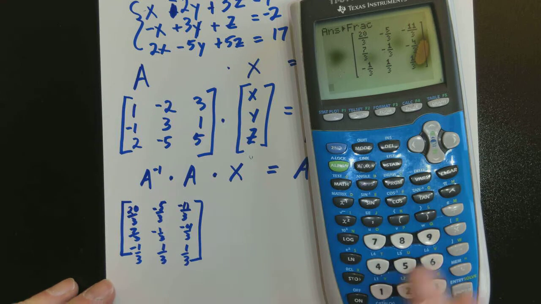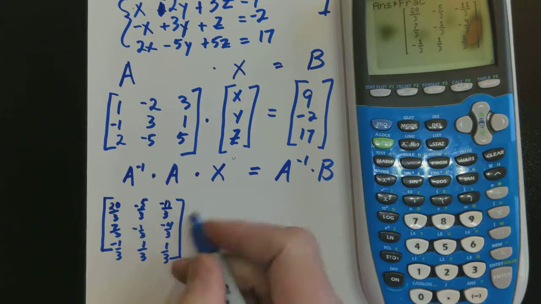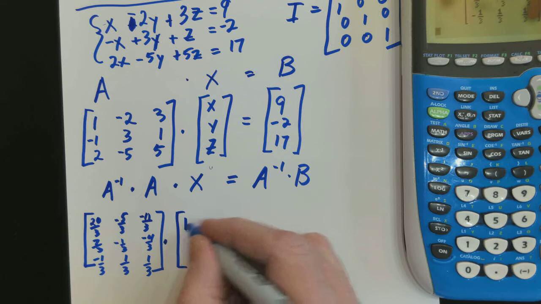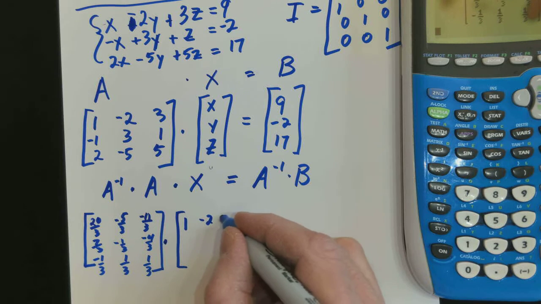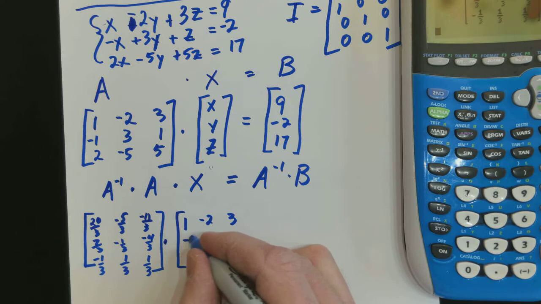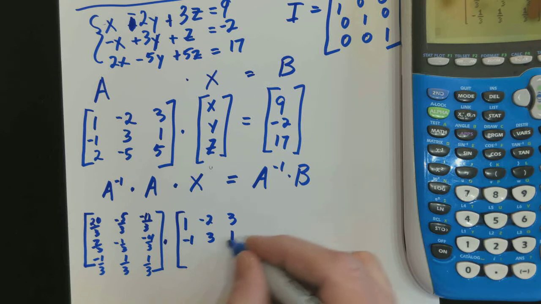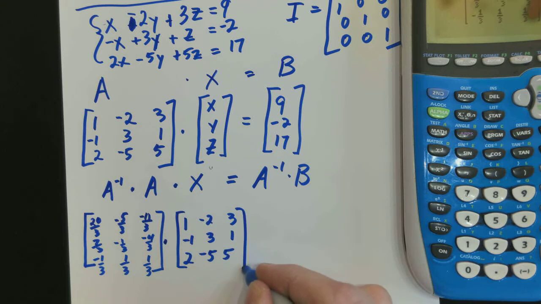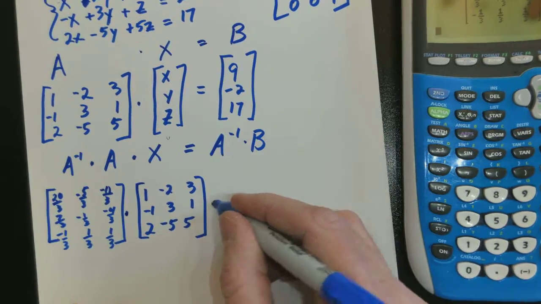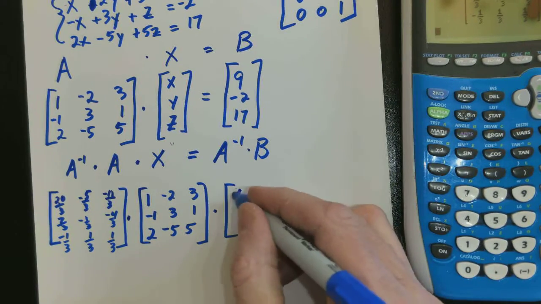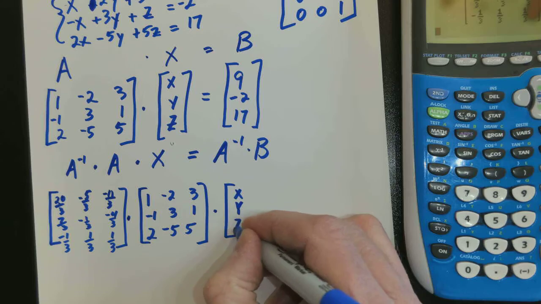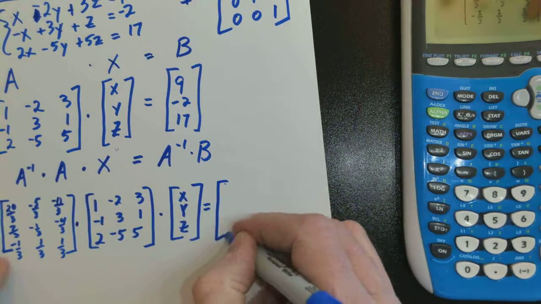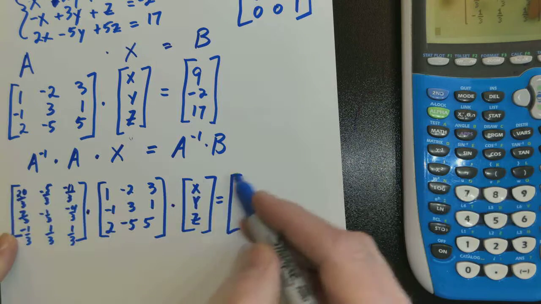There's my inverse matrix times the 1, negative 2, 3, negative 1, 3, 1, 2, negative 5, 5. And times that by the variables x, y, z, that's the variable matrix. And then I'm going to take the inverse matrix over here.